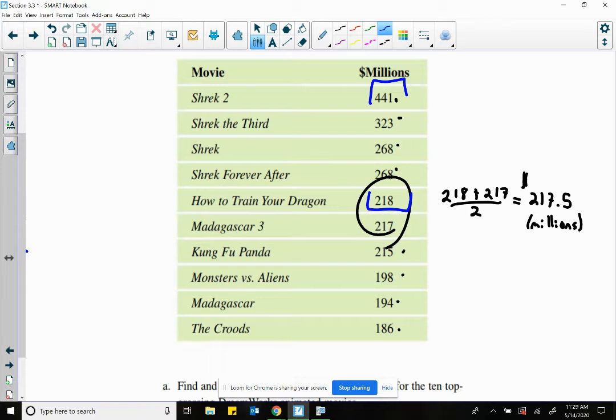Quartile 3 and quartile 1 are just two other medians, cutting your data in half again. This up here will be quartile 3 because it's the upper half. Then I will work from 217 to 186, the lower half. This will be quartile 1. I don't know why I put an 8. Silly me.